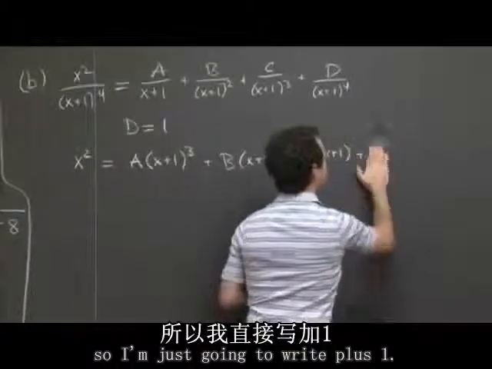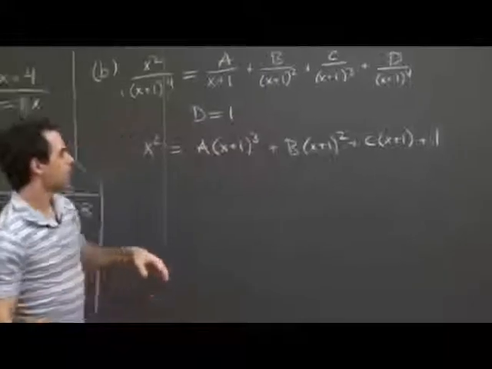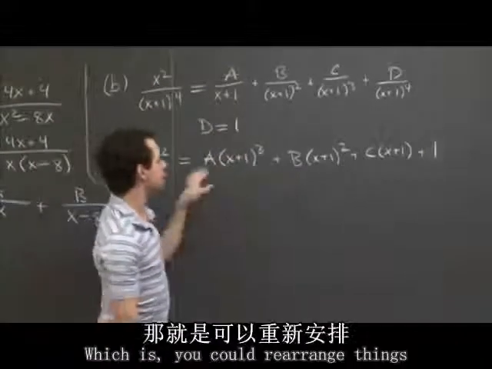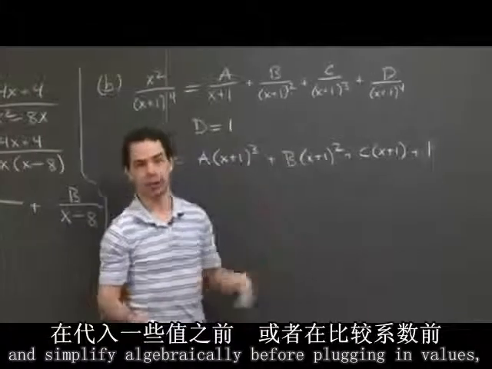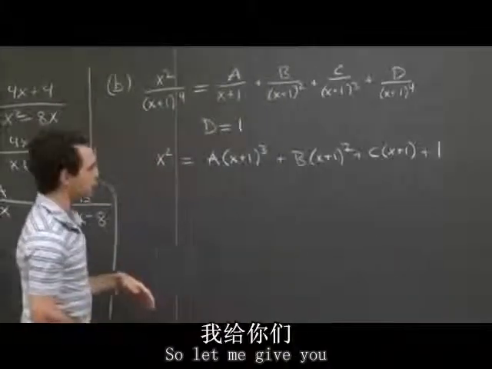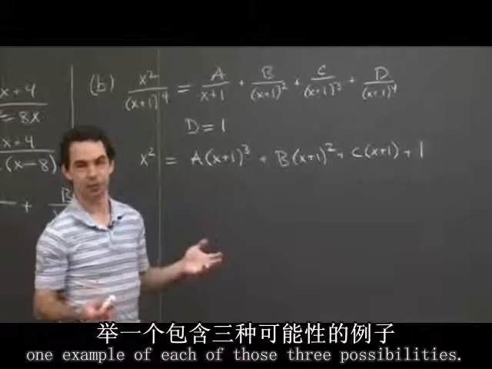So I'm just going to write plus 1. So actually, let me say that there are other things you could do, which is you could rearrange things and simplify algebraically before plugging in values or before comparing coefficients. So let me give you one example of each of those 3 possibilities.